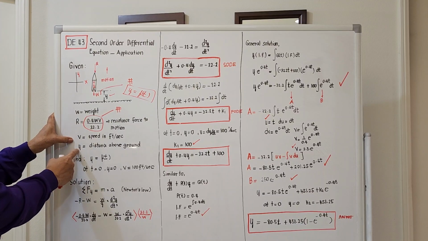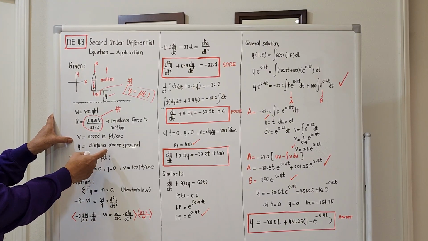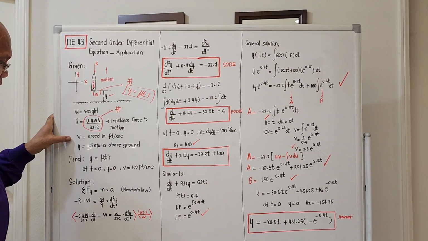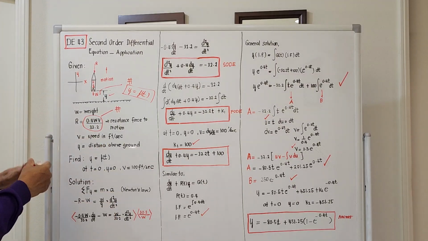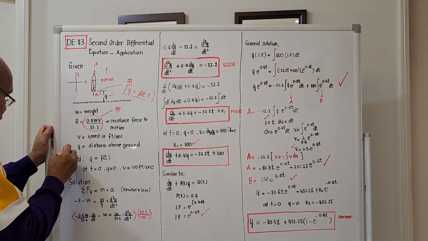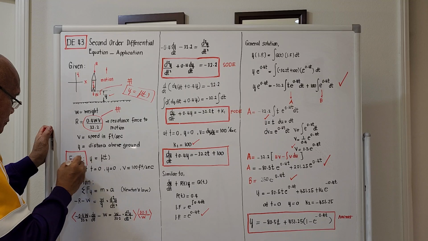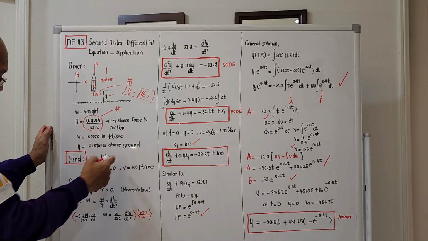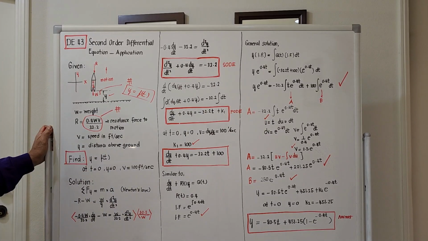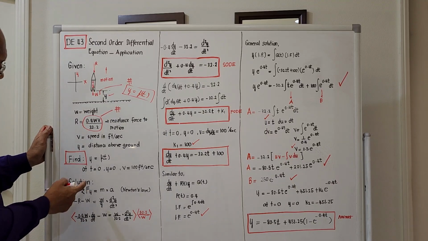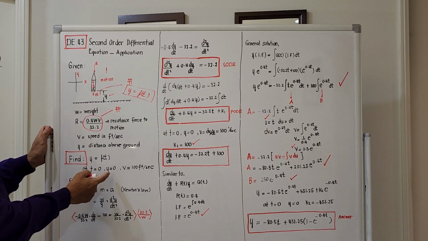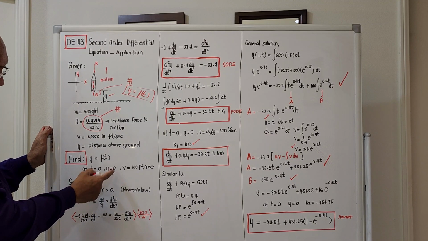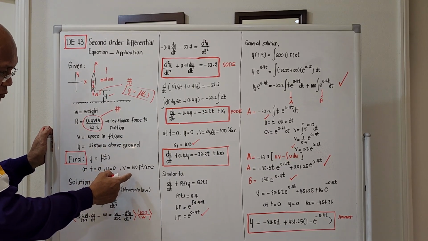And y is the variable distance of the rocket above the ground at any moment in time. So the problem is asking for y as a function of time with the given initial condition at time t equal to 0, y is equal to 0, and the initial speed of the rocket is 100 feet per second.